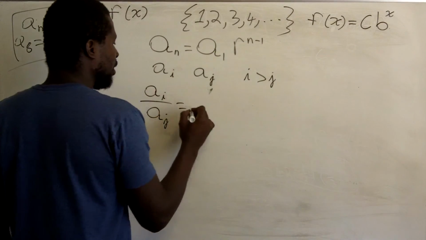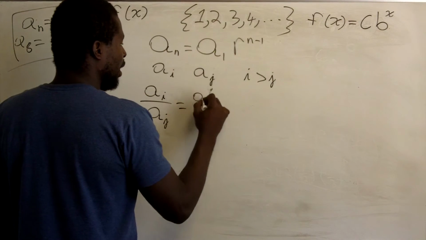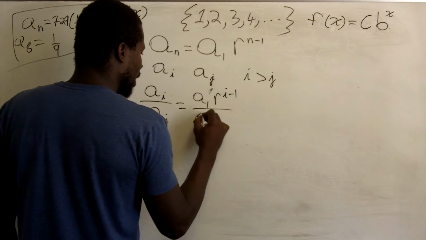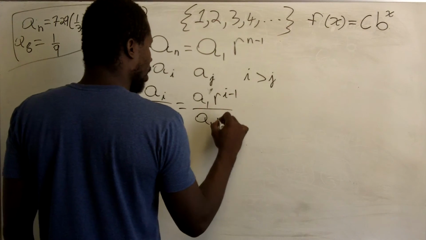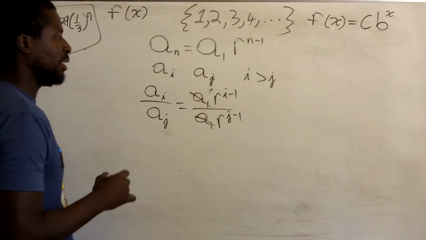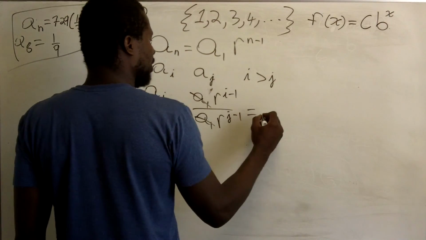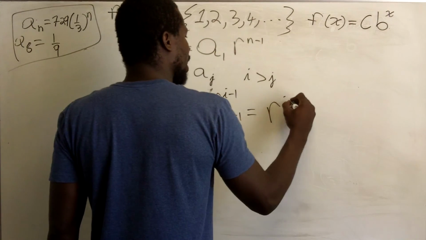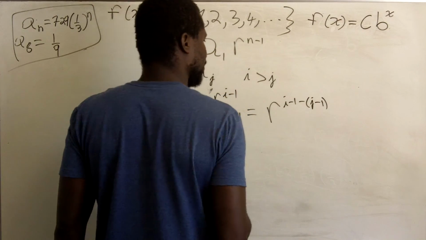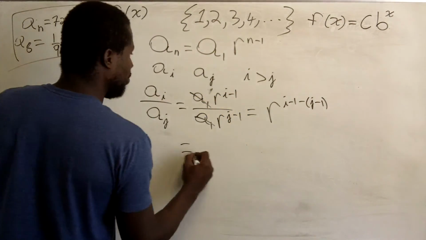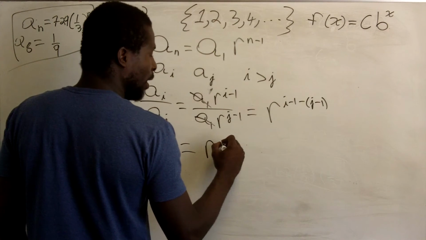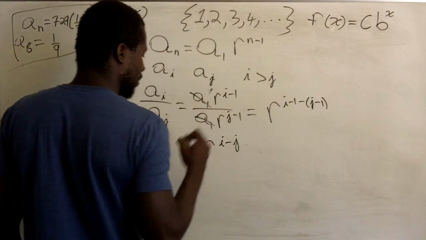That's going to equal A1 times r to the i minus 1, divided by A1 times r to the j minus 1. The A1s cancel each other out, and this turns into r to the (i minus 1) minus (j minus 1), which simplifies to just r to the i minus j.